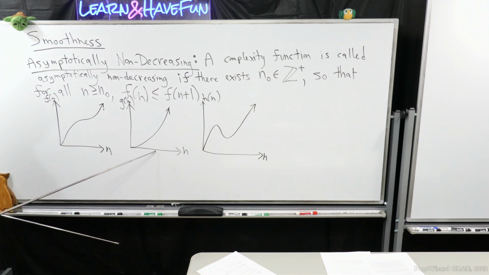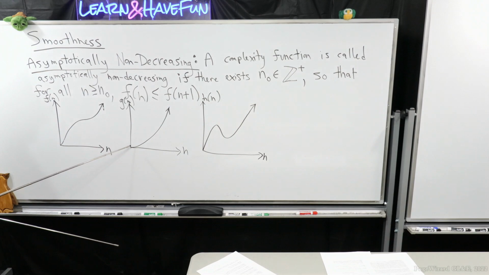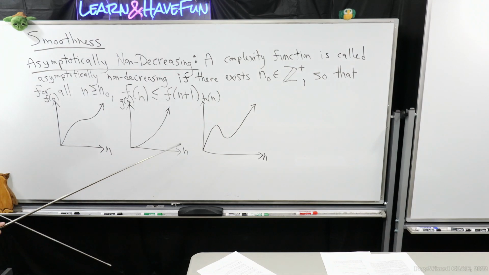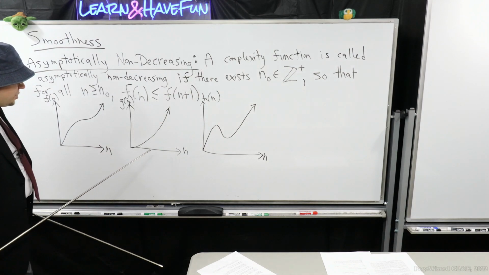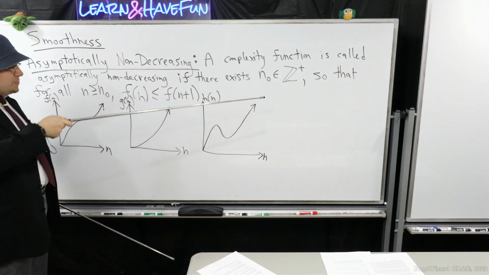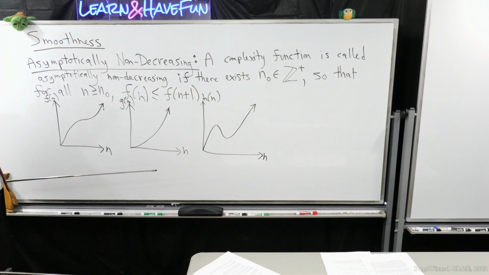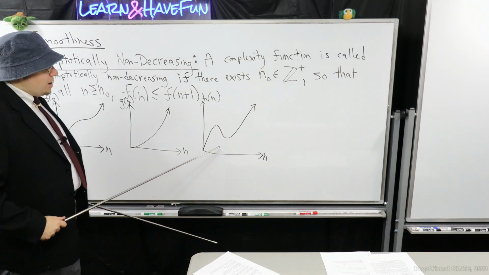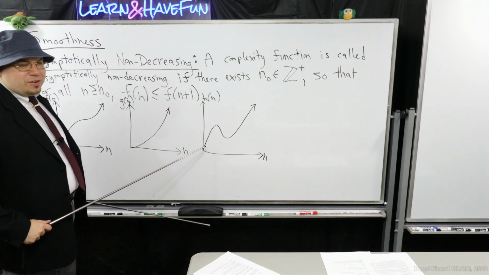Whenever I look at this function g, notice that whenever I increase the input, the output always goes up. It never goes flat. This is an example of an increasing function. Here, however, notice that this one has a little bit of a stranger behavior.